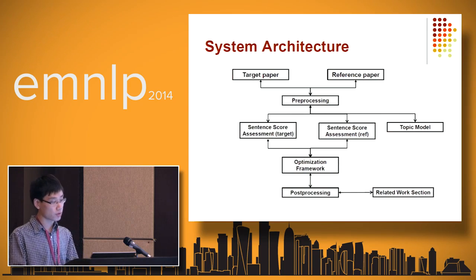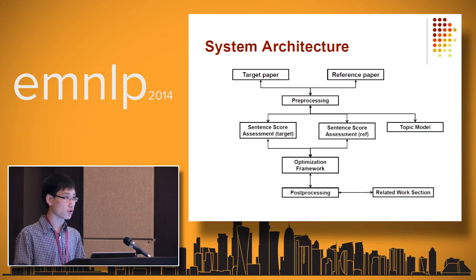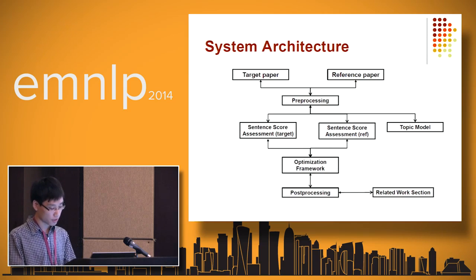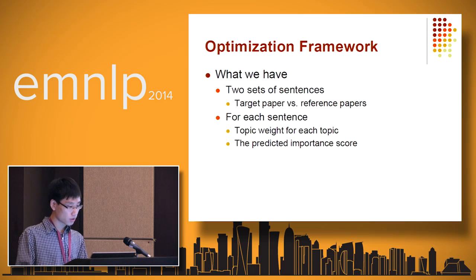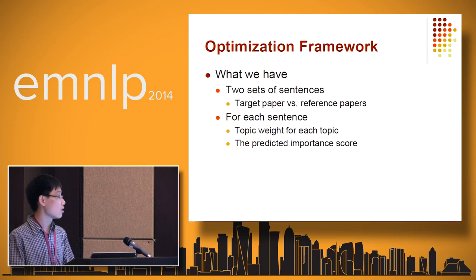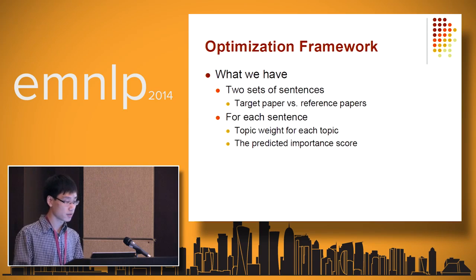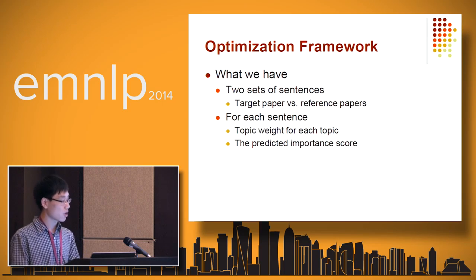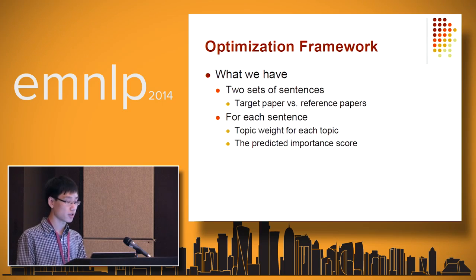And finally, we used an optimization framework to solve the whole problem and to generate the final related work section. So what do we have now? We have two sets of sentences: the target paper sentences and the reference paper sentences. And for each sentence, we have its weight for each topic and its predicted importance score.